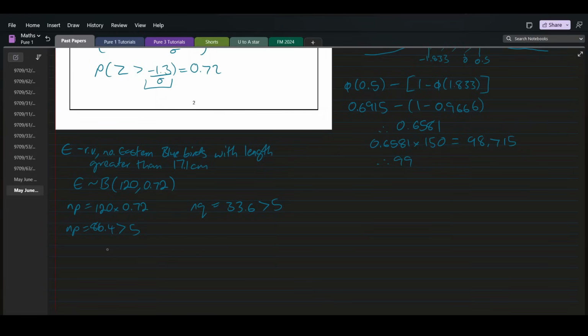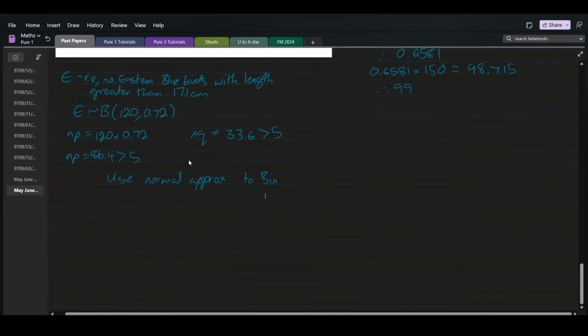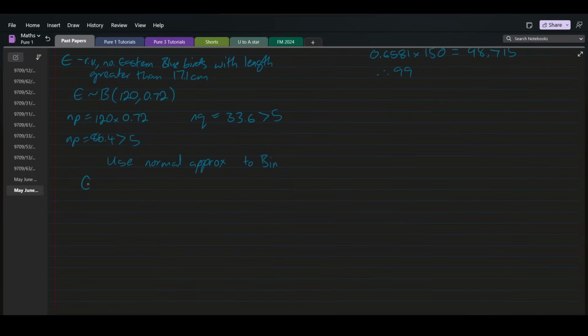So we can say that we use normal approximation to the binomial distribution. And we can go on to say that E follows a normal distribution with mean NP and variance NPQ. Our mean NP we evaluated to be 86.4, so we write 86.4 over here.